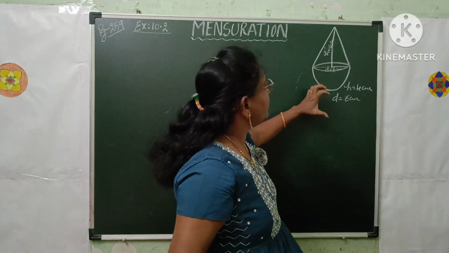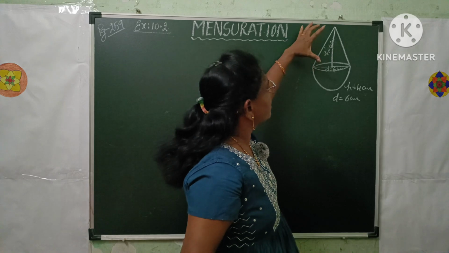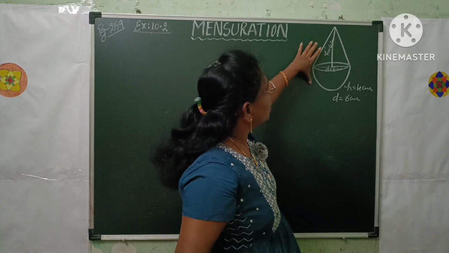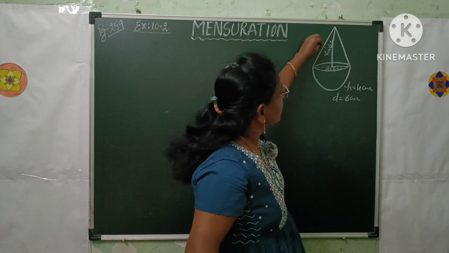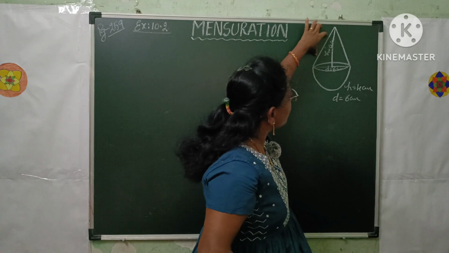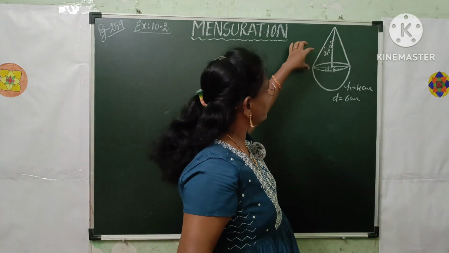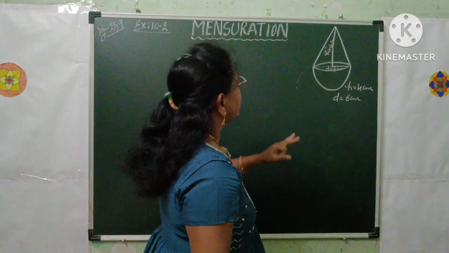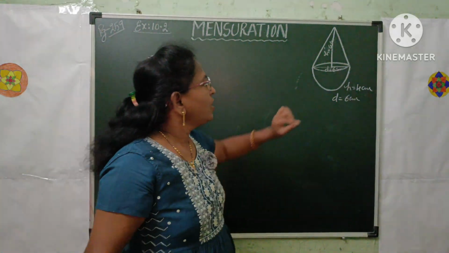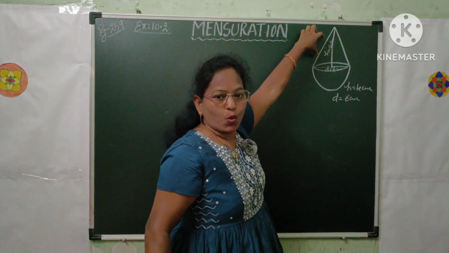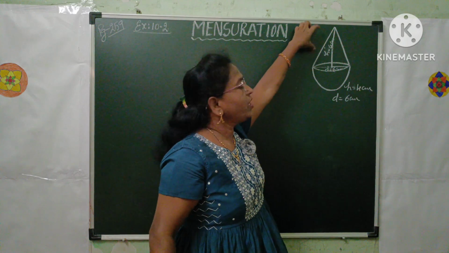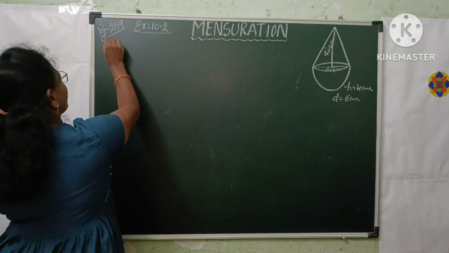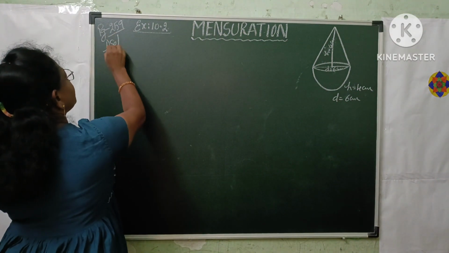Then the total surface area of the toy is equal to the surface area of the conical portion plus the surface area of the hemisphere portion, right? Next, what is the CSA of the cone? First question solution.